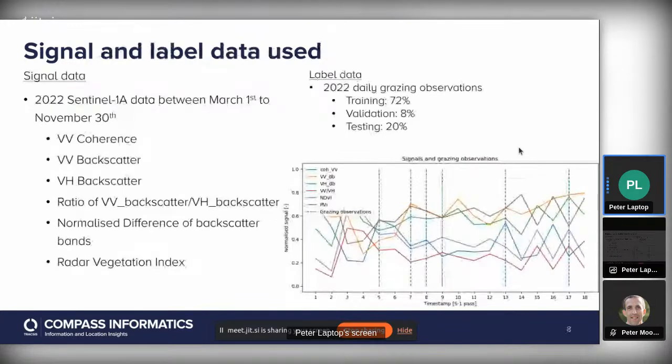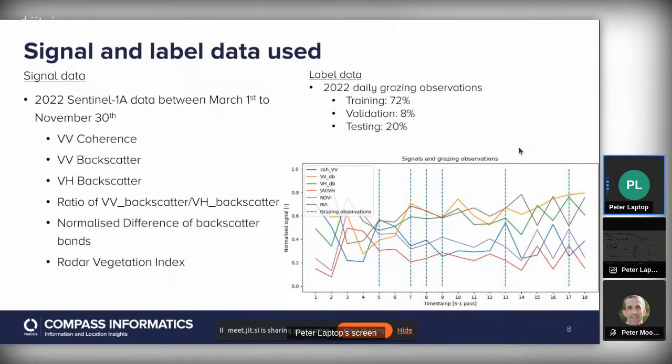The signal and label data used for this project up to now is 2022 grazing data, to which you need signal data for the same time period. So I've chosen Sentinel-1A data between March 1st to November 30th. Note that this is only Sentinel-1A. Sentinel-1B has been offline since start of 2021, I think, and so there's no data from there.